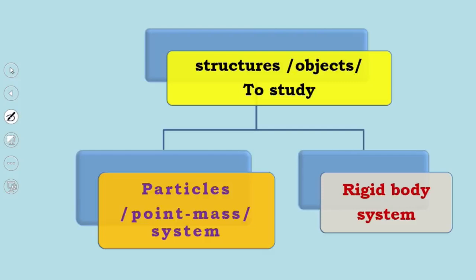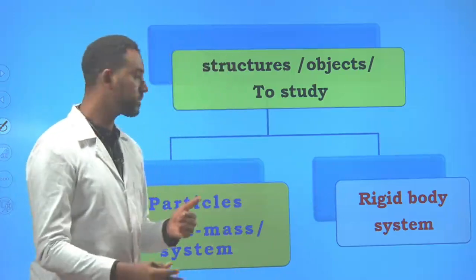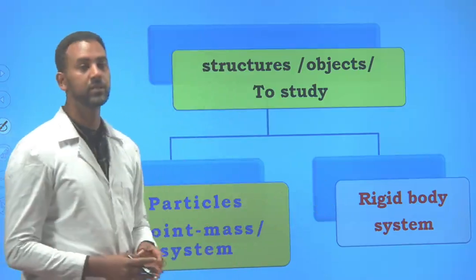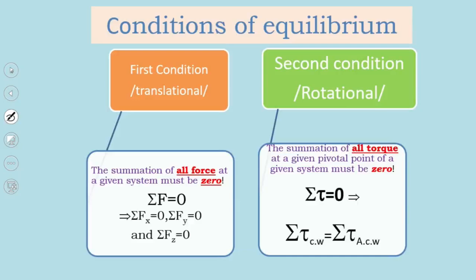These are the bodies that we are to focus on. You might have a bridge, a bar, a cantilever, or different structures, so that we can focus on rigid bodies, and we can also see particle systems. So these are the structures that we are going to deal with.